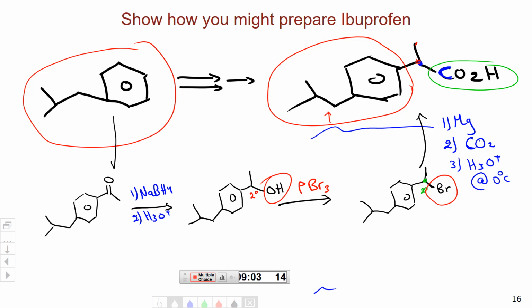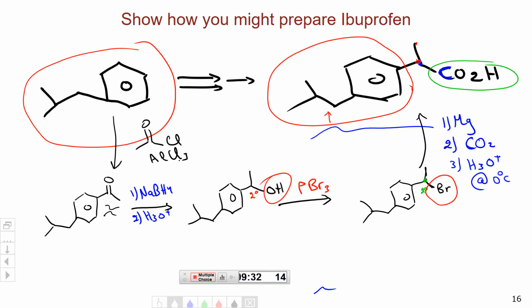Now, how do we get this aryl ketone? How can I add a C=O CH3 to a benzene ring? It's a Friedel-Crafts acylation. This is how we can prepare an aryl ketone. We know that whenever we do Friedel-Crafts acylation, there are limitations.